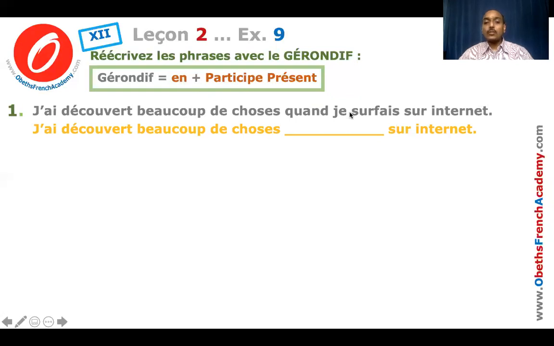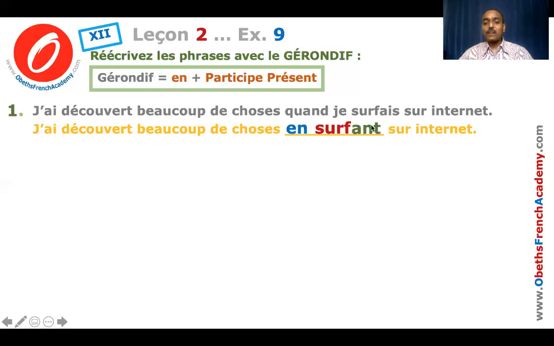The first verb you don't disturb. But the verb placed after the expression quand, when I surf, this particular verb we'll put in the gérondel. So you'll get, I discovered many things while going through the internet.